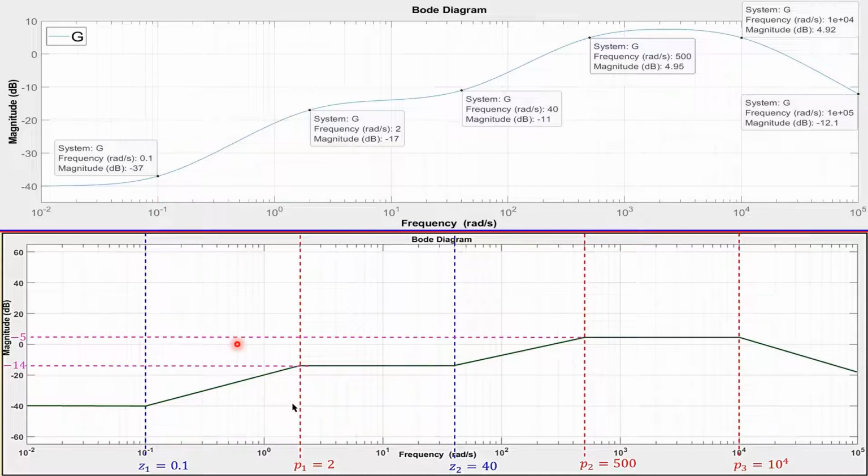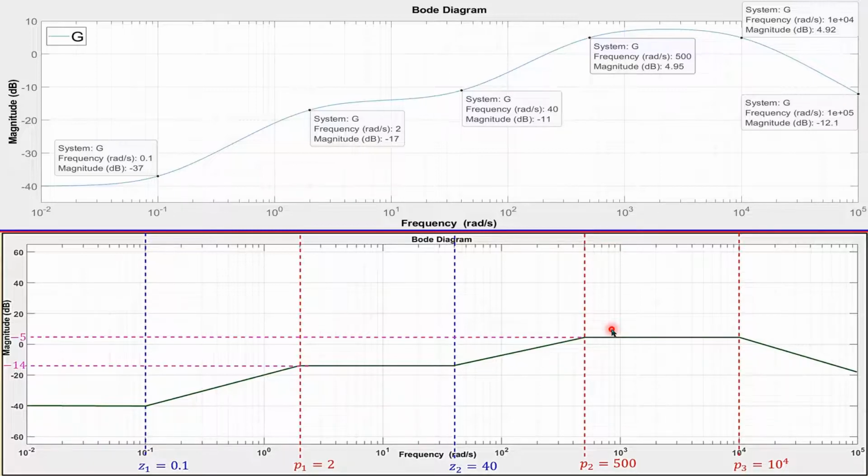It's the same for the first pole: we had minus 14 dBs here, but it's actually lower, so it's minus 17, again 3 dBs lower. And again, it's the same for the other one, for the 40, because we had minus 14 there, it is minus 11, so it goes up because that's the second zero, so it will increase by 3 dBs. It's similar for the other break frequencies.